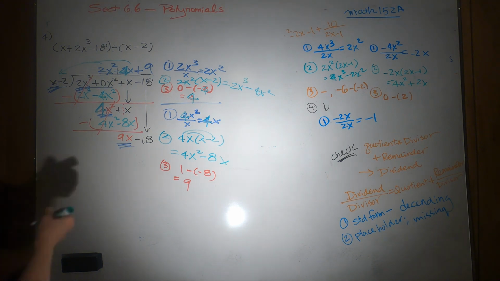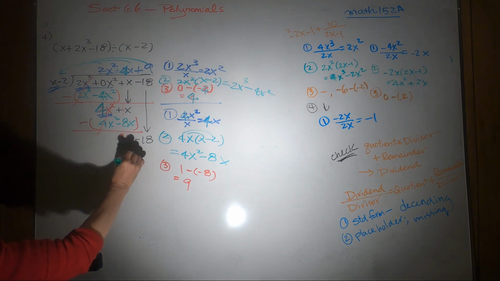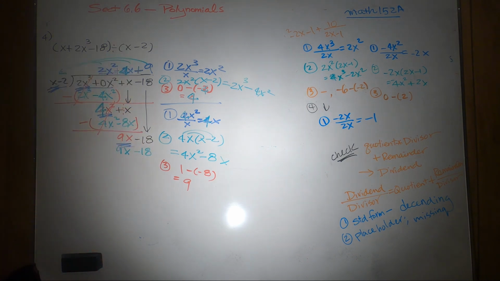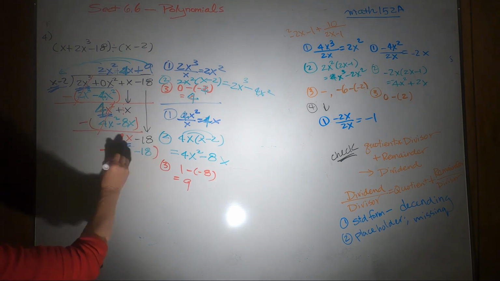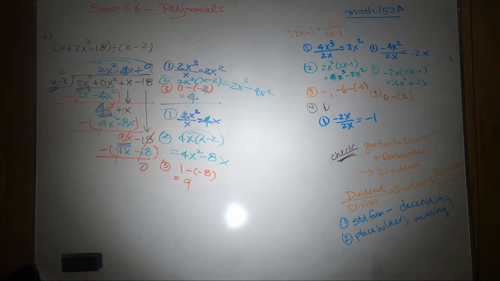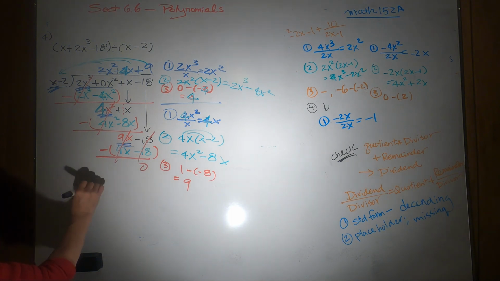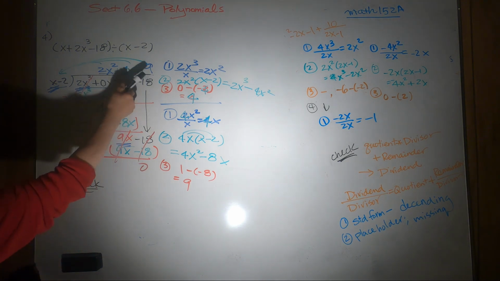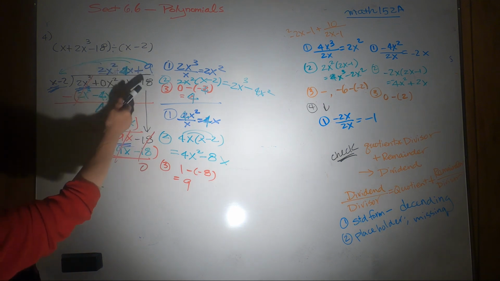Then multiply back, that would be 9x minus 18, right? Then we subtract them, they are the same. Are you following? Then we check. We have no remainder, so we don't have to worry about it.